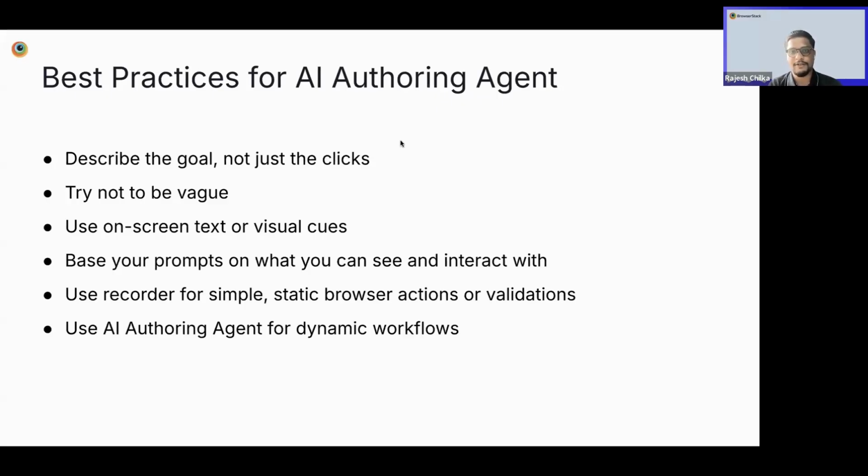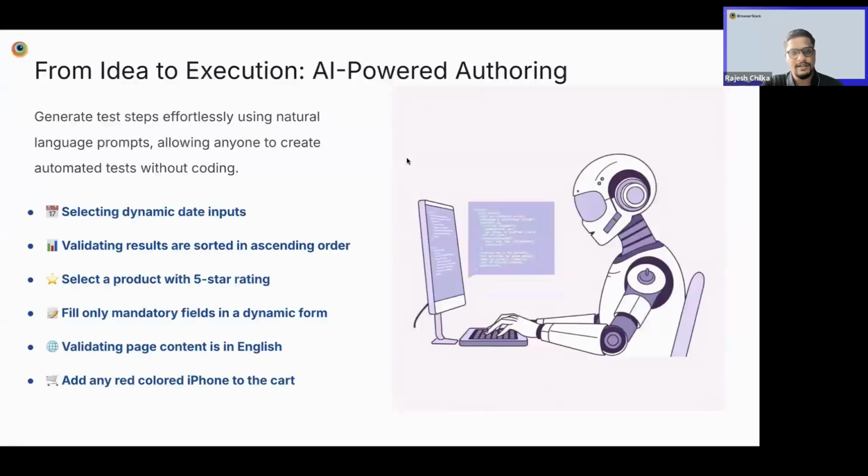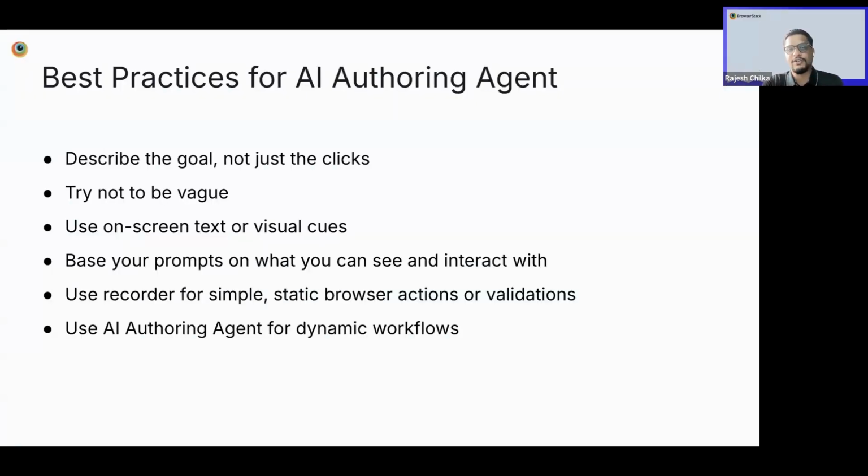But for the dynamic use cases that I just mentioned in the previous slides, right? Selecting dynamic date inputs, validating results are sorted in ascending order, or selecting a product with 5-star rating. So all these kind of dynamic flows which deal with dynamic applications, you can use the AI authoring agent to automate this. Right? So it becomes very easy. And just by describing it in plain English, you can simply automate these workflows.